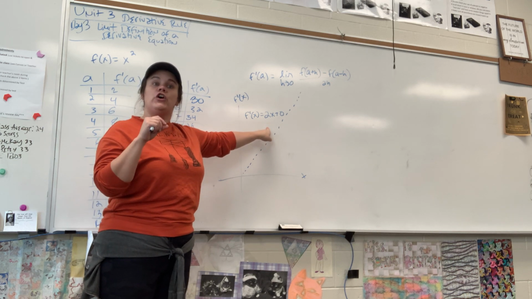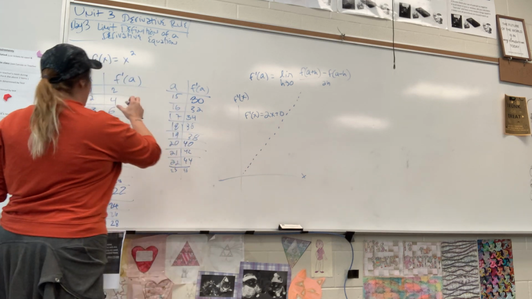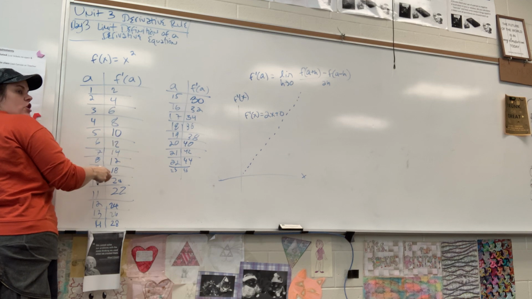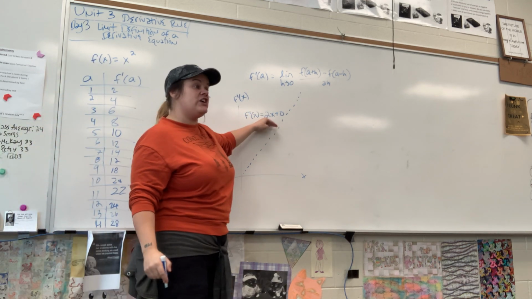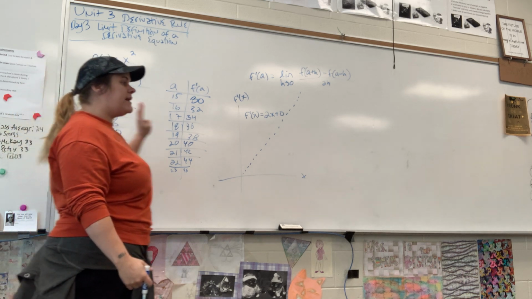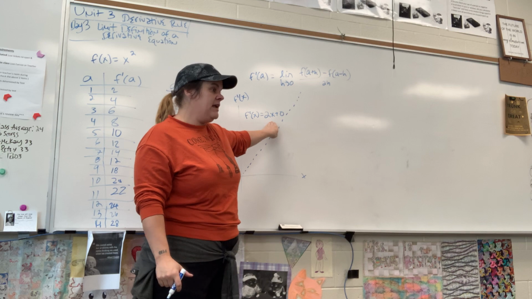Now what I could do in the future to save time is, instead of having to go through and do a limit definition here, couldn't I come up with an equation and then just plug the values I need one at a time into the equation? You with me?